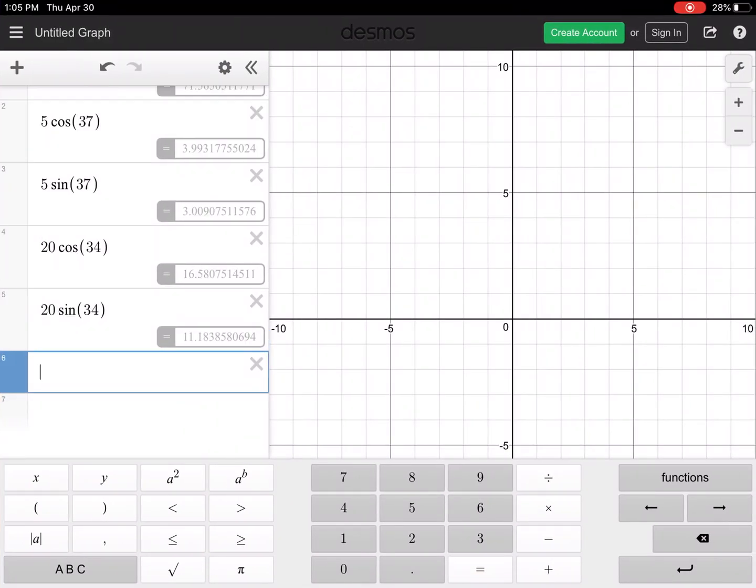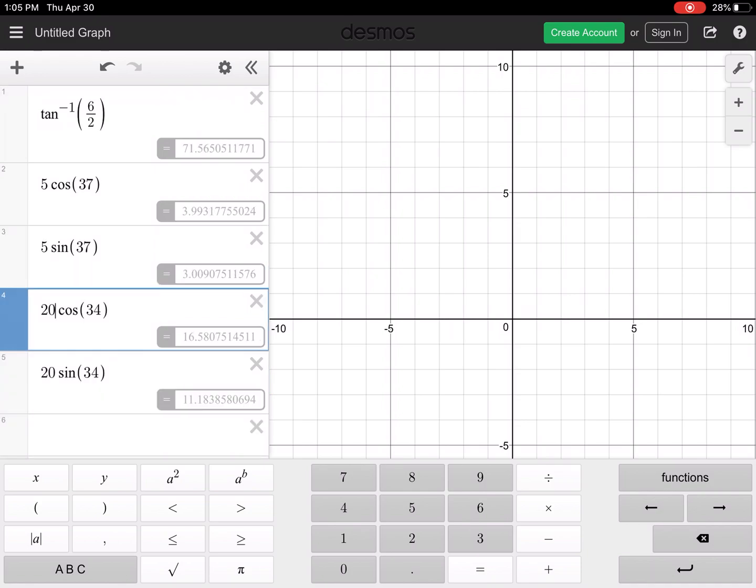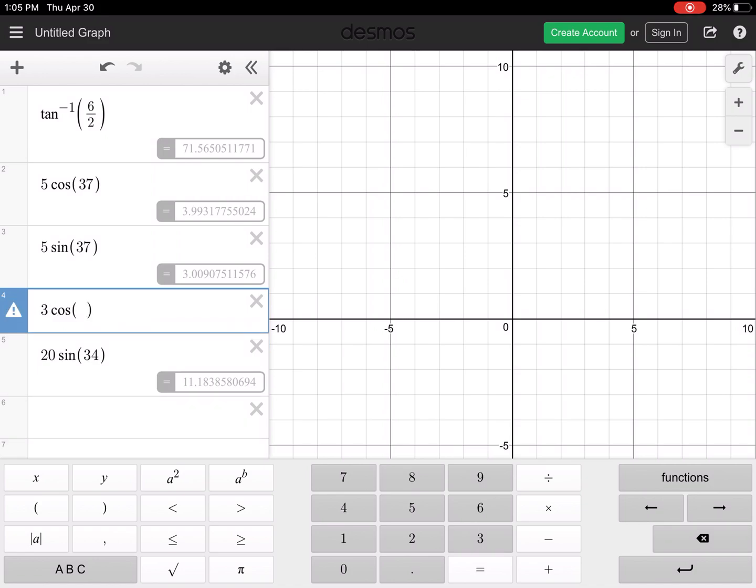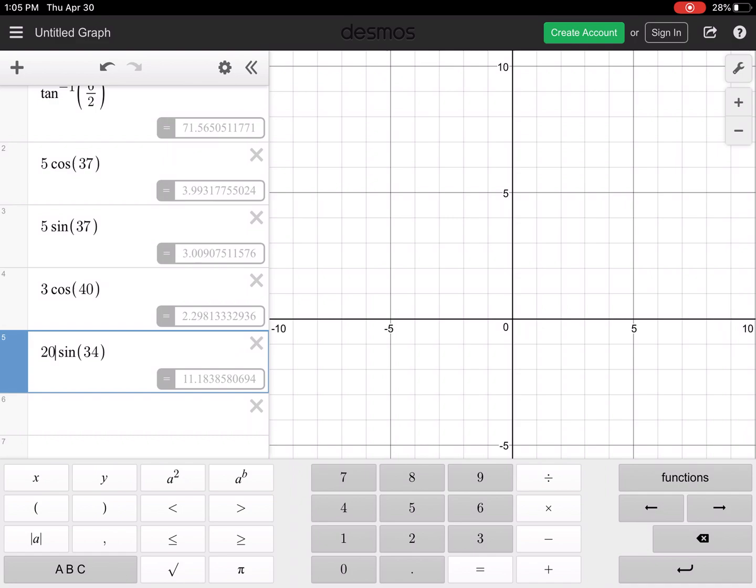So calculating it, we have 3 cosine of 40 degrees and 3 sine of 40 degrees. That gives us 2.30 is how I'll round the first one, and 1.93.